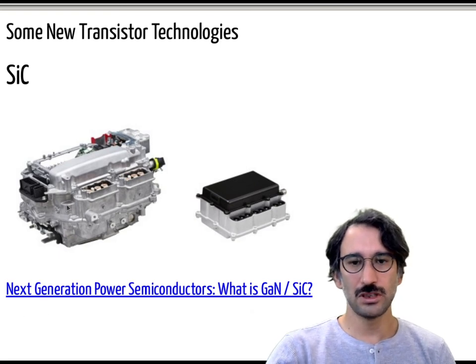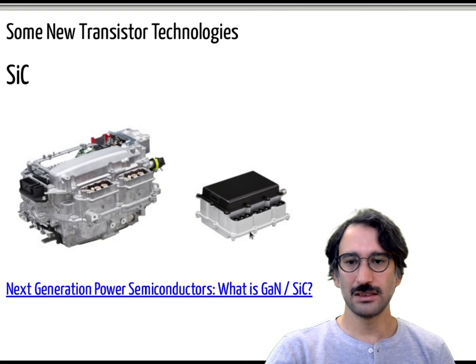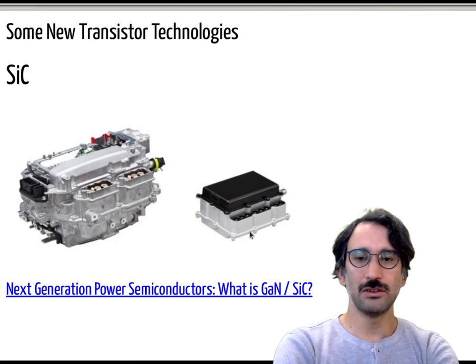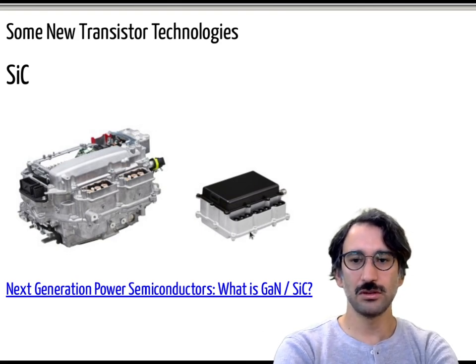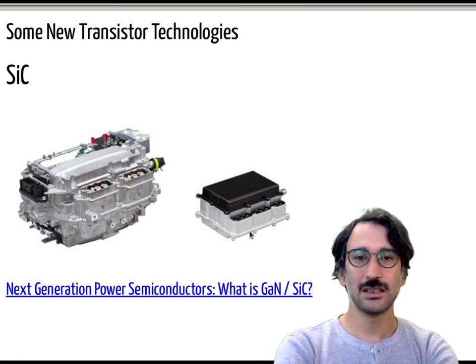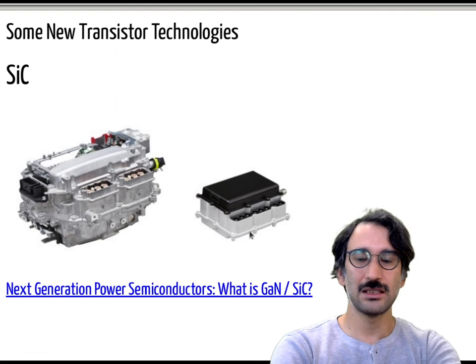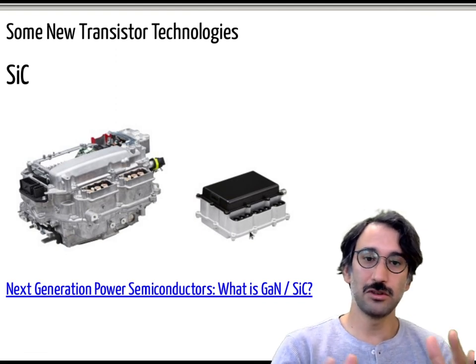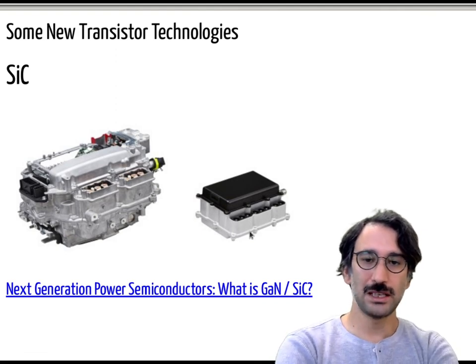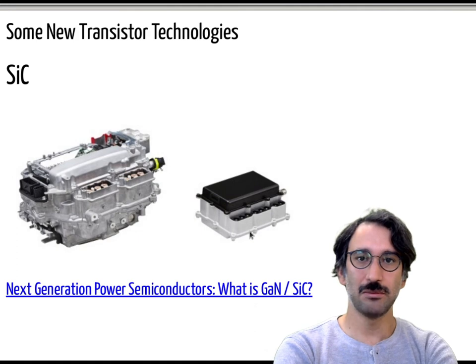The first generation of the Toyota Prius inverter with normal silicon IGBTs looks like that, and this is the same power rating, but you can see the size and the mass of the inverter is quite reduced. That makes your electric car lighter, or you can use that space for other things, or for the same volume or mass you can achieve higher power ratings.